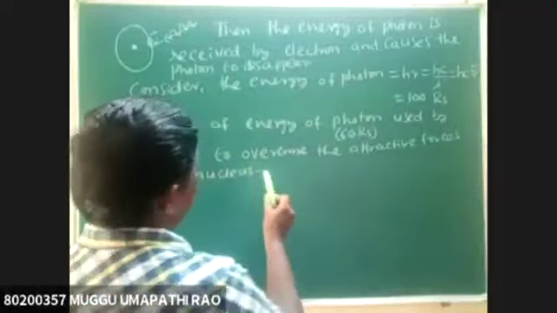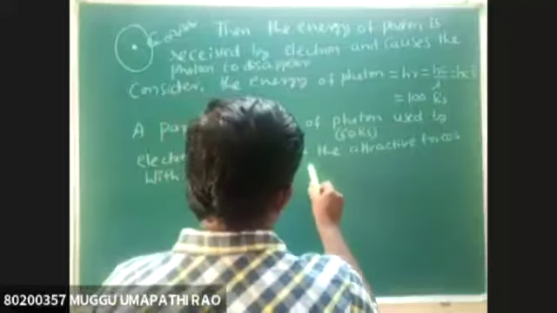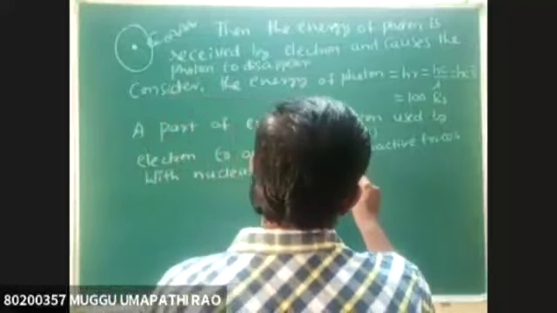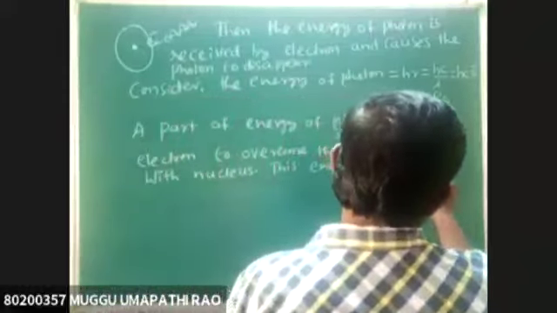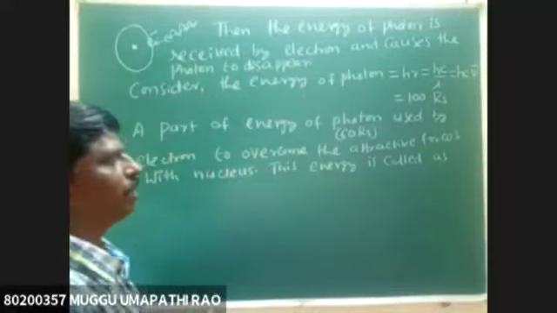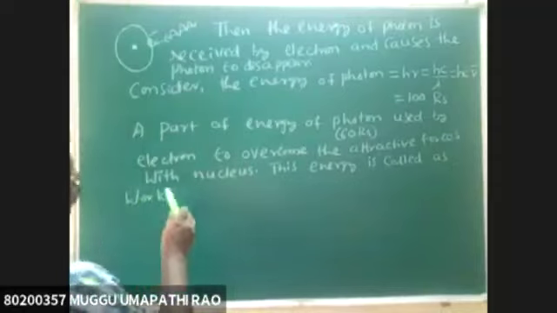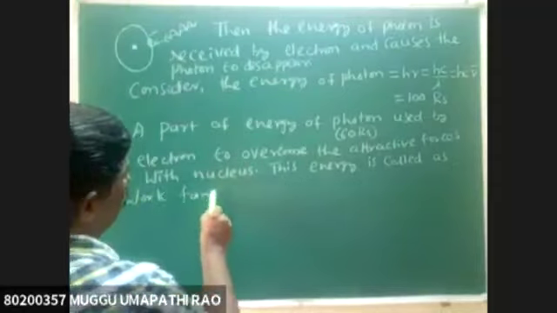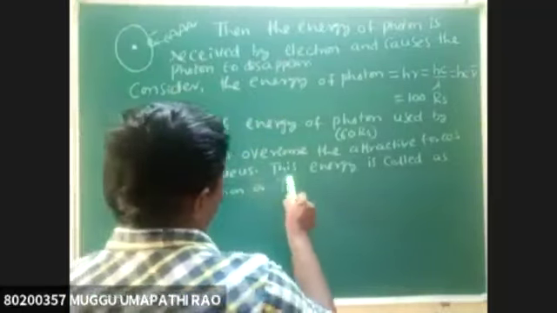This used energy is called the work function. Inside the atom, some work occurs. This energy is called the work function, or threshold energy.